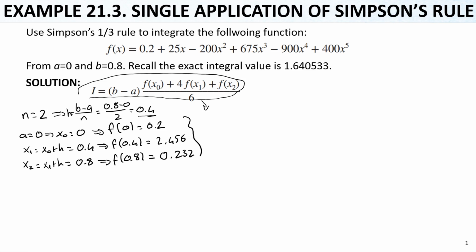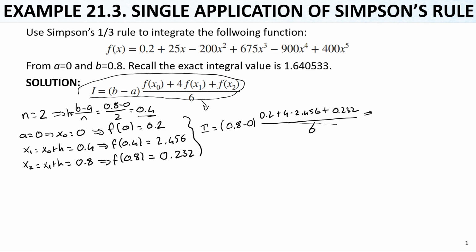Let's use it here. The integration is equivalent to b minus a, meaning 0.8 minus 0, times f(x0), which is 0.2, plus 4 times 2.456, plus f(x2), 0.232, like this, divided by 6.